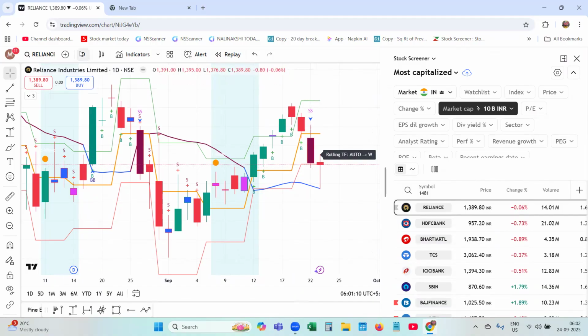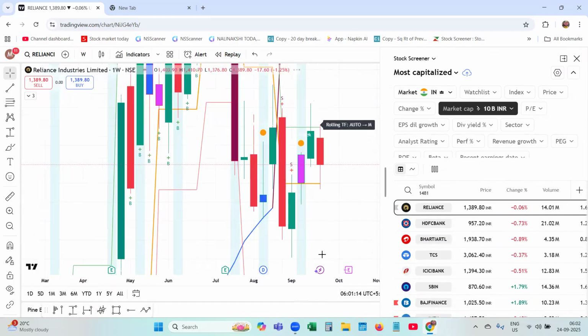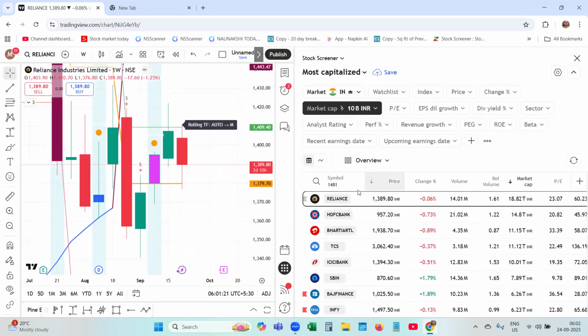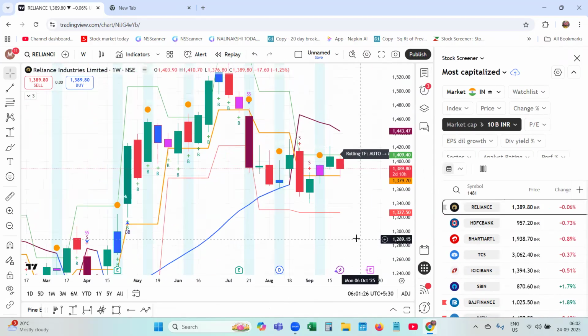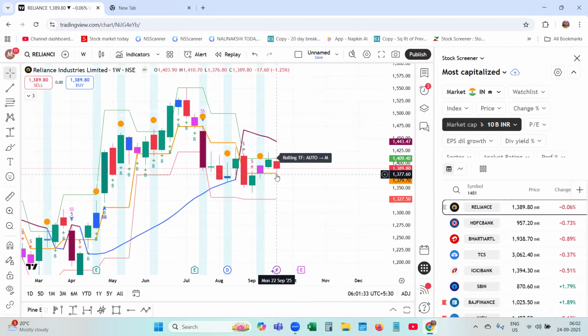Let us check for the weekly. Okay, let me put the split screen so that we can zoom in and zoom out. See, after the up move, it has come down. Now it is consolidating. And Gann HiLo is telling this is not suitable, but here midweek level is there.